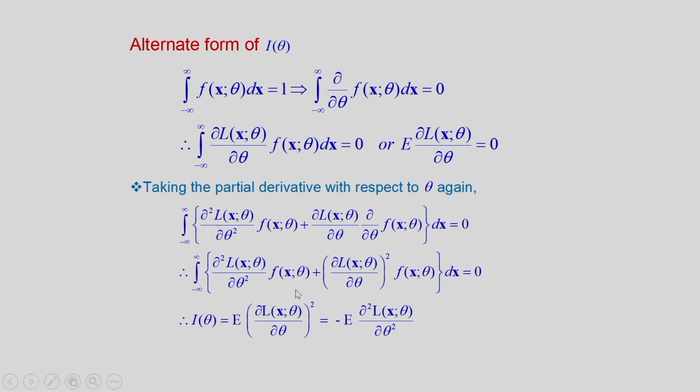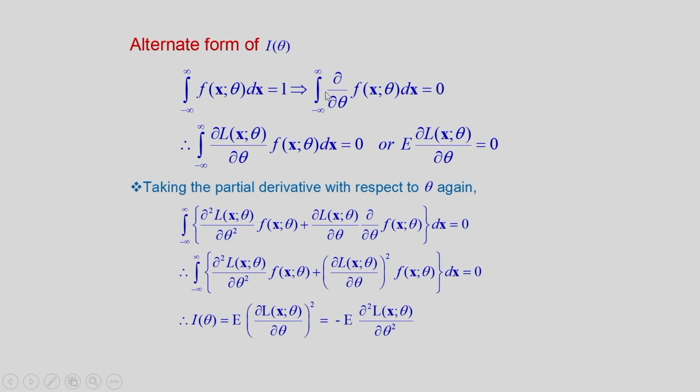Now, we know what I(theta) is, but there is a better expression algebraically for I(theta) that we can derive now. The integration of f dx is equal to 1: the joint PDF, the likelihood function, integrated with dx must be equal to 1.